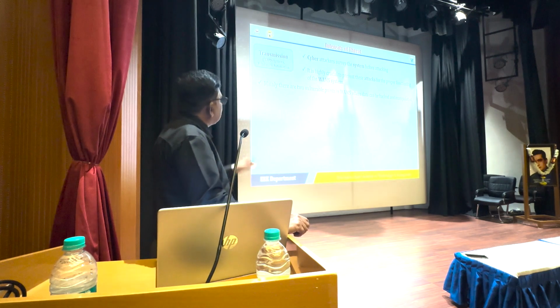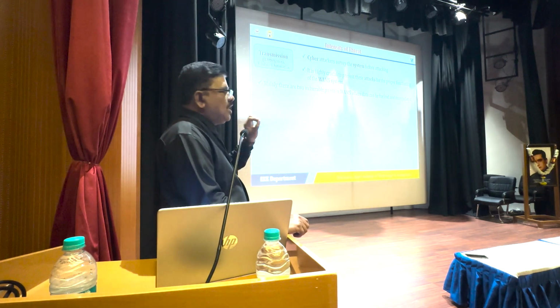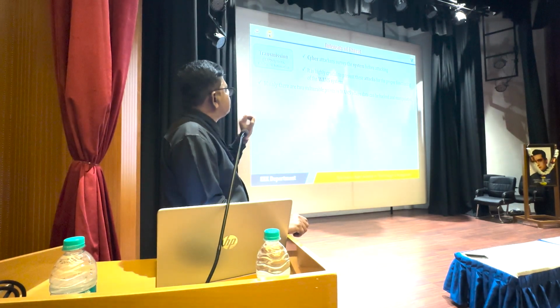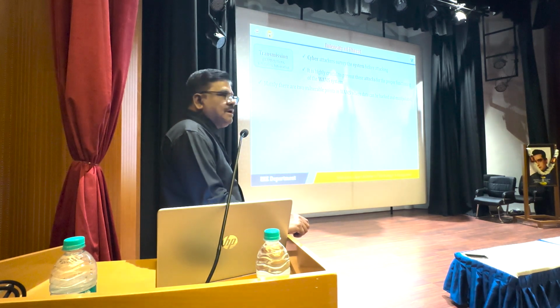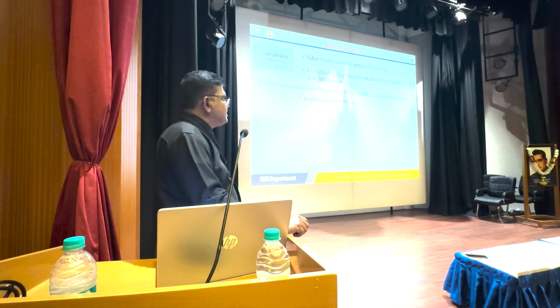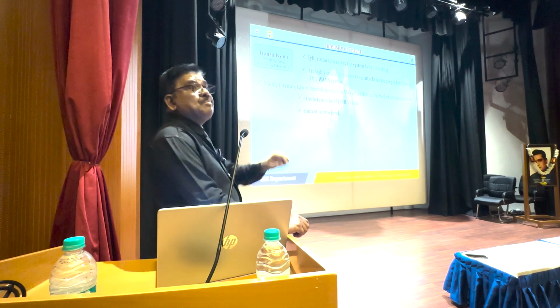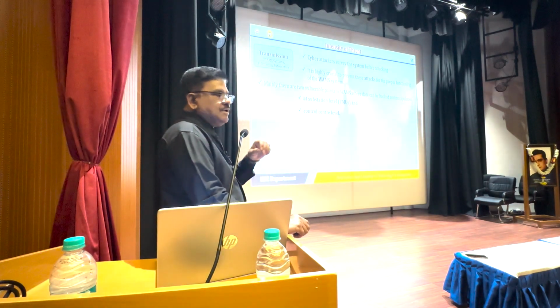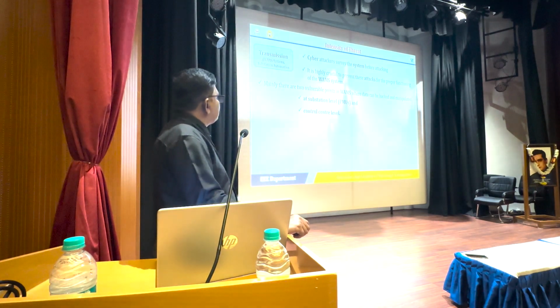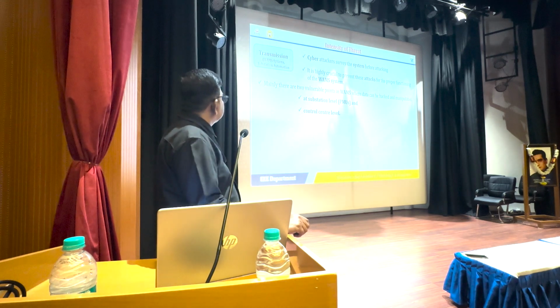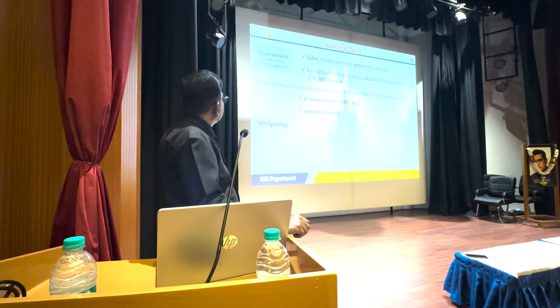Mainly there are 2 vulnerable points in WAMS where data can be hacked and manipulated. One is at the substation, where PMUs, phasor measurement units, are installed. The other one is the control level.